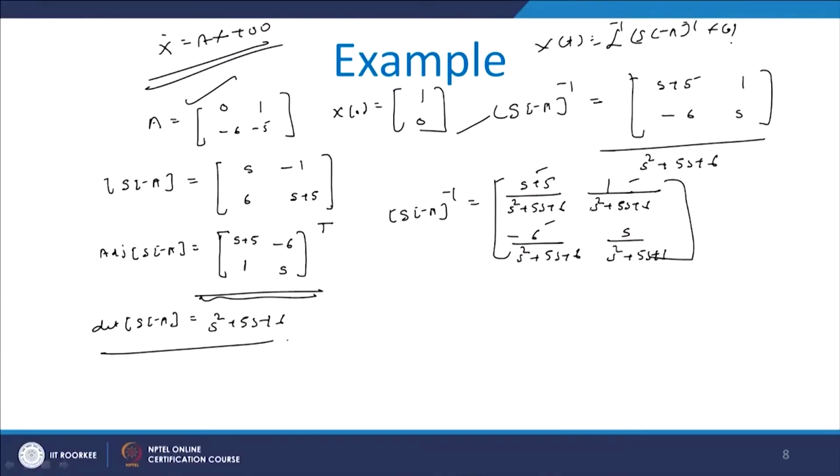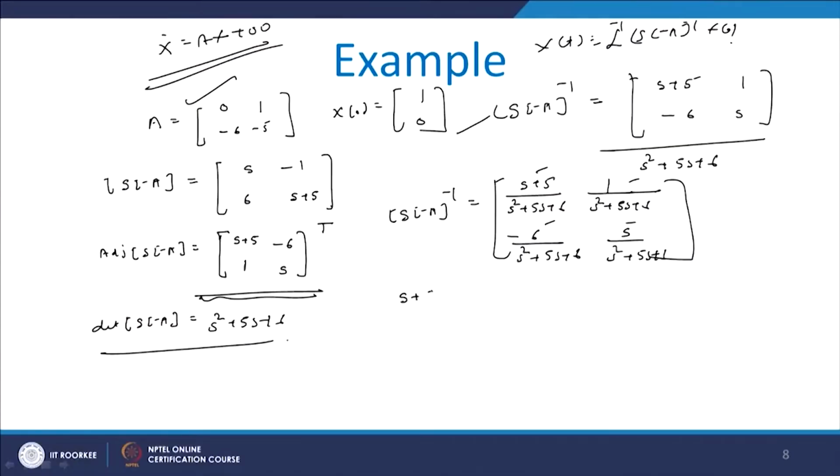So, here we have got 4 functions: 1, 2, 3, 4. We have to consider these functions individually and then try to determine the inverse. So, first we take the first function as s plus 5 over s square plus 5s plus 6. This equation can be written as A divided by s plus 2 plus B divided by s plus 3.